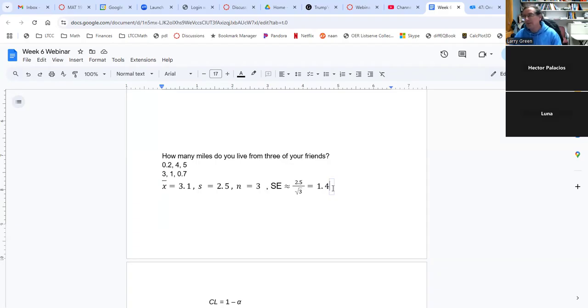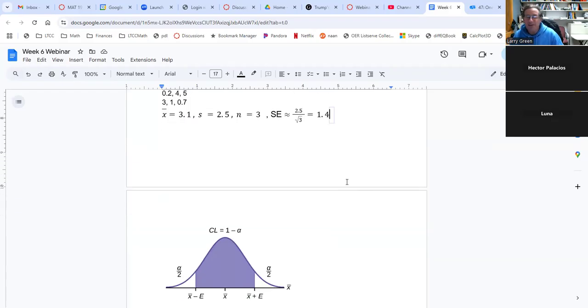Okay, this is where we use the central limit theorem and some more stuff that I'm not even going to talk about in this class, because there's higher level math we don't do. So we're going to draw a picture. We're going to assume we have a normal distribution. Normally, you can have a sample size over 30, so you can use the central limit theorem and know you have an approximately normal sampling distribution.